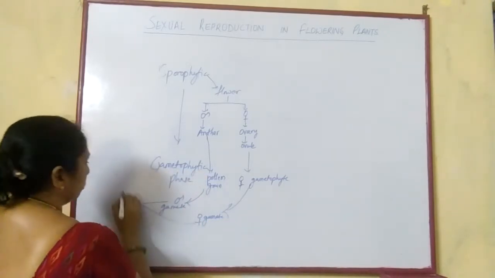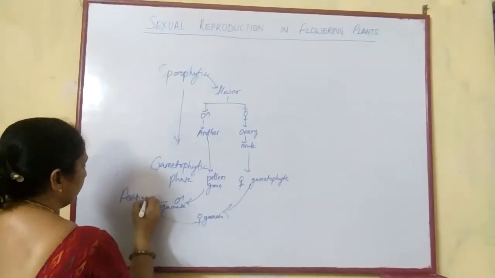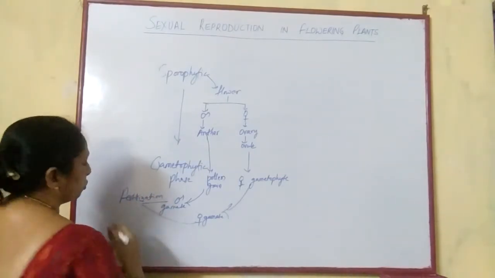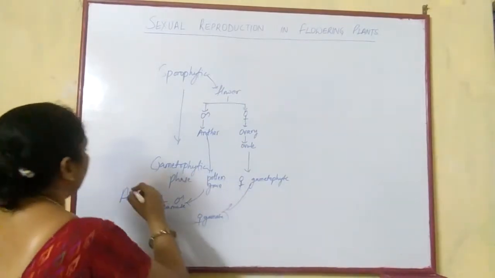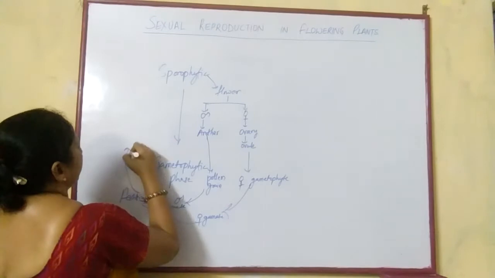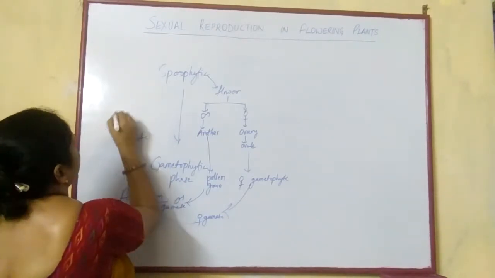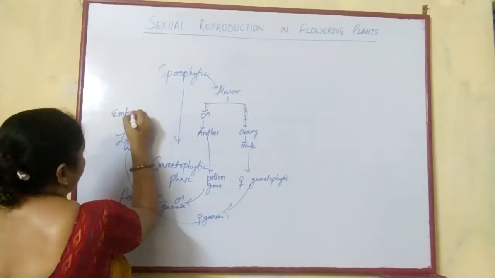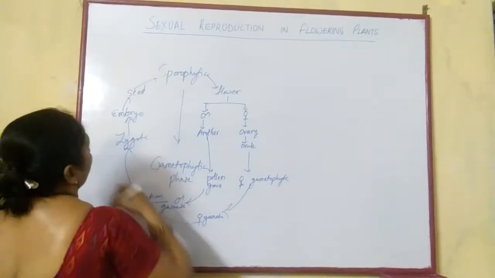Fusion of these two, the male and female gametes, results in fertilization. After fertilization, they produce a zygote, which forms the embryo, then seed, and again a sporophyte.